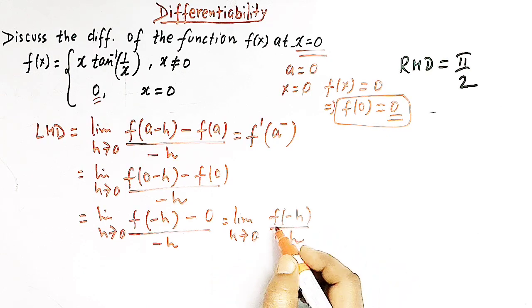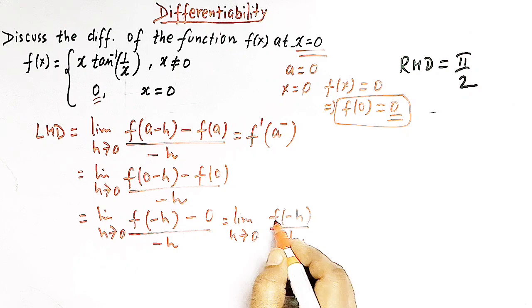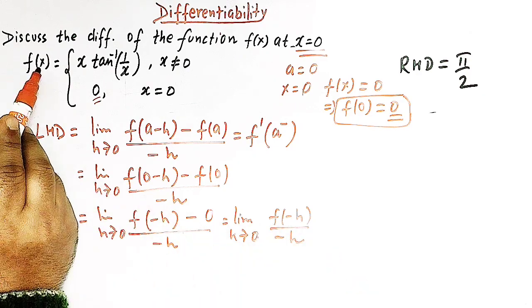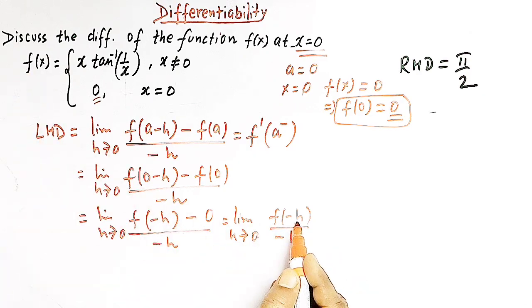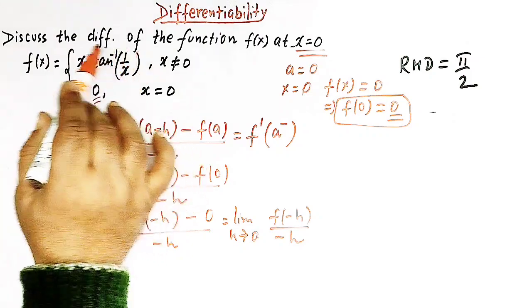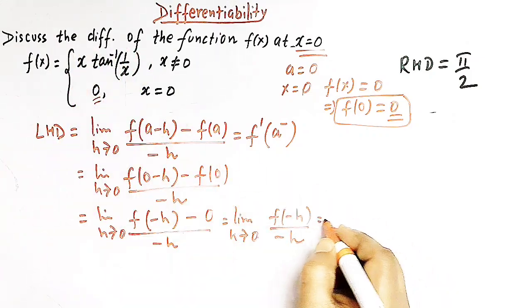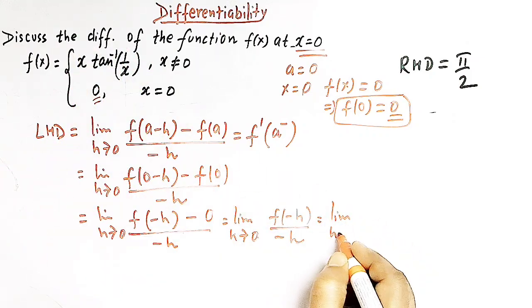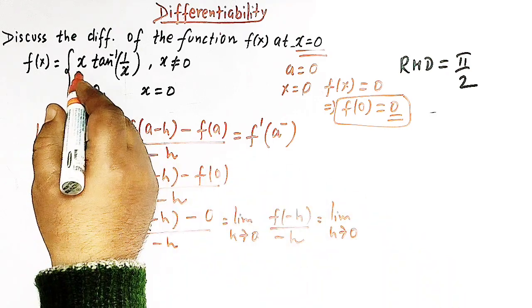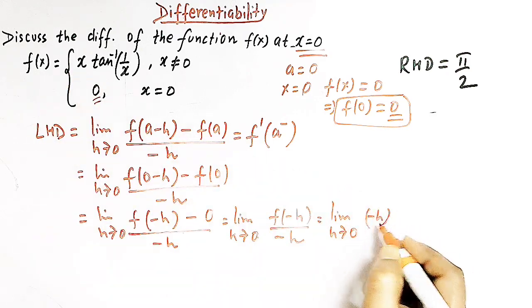Now to get the expression for f of minus h, we have to replace this x by minus h in this expression, right? So we have limit h tends to 0, and we have here minus h.